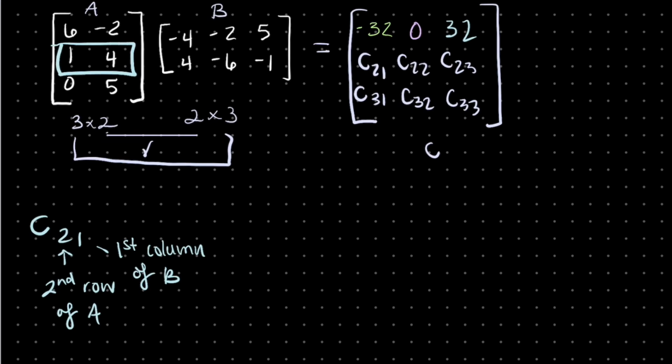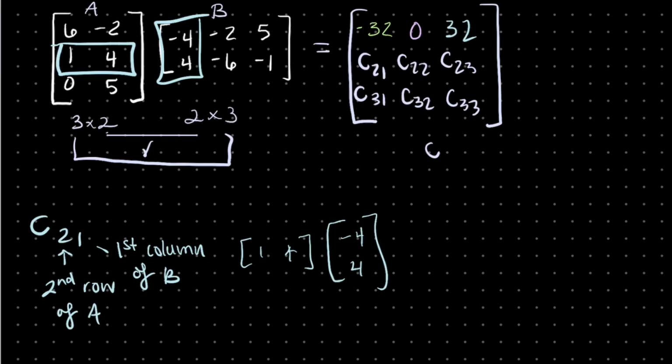I'm in row 2 of A, but I'm in column 1 because I'm looking for row 2, column 1. So that's going to be 1, 4. Okay, and that column is going to be a negative 4, and that's a positive 4. It looks like a negative 4, but that's just the matrix edge. So that is a positive 4.